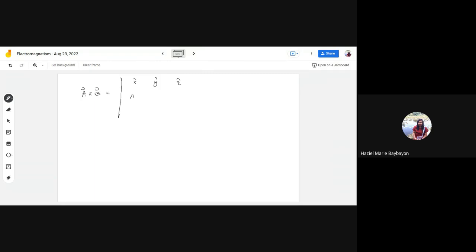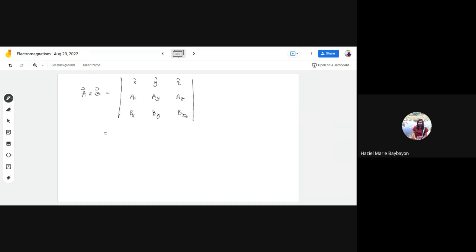And then the second row are the x, y, z components of the first vector, in this case vector A. And then the last row is the components of the second vector, in this case vector B. Okay? And then, use the basket method.